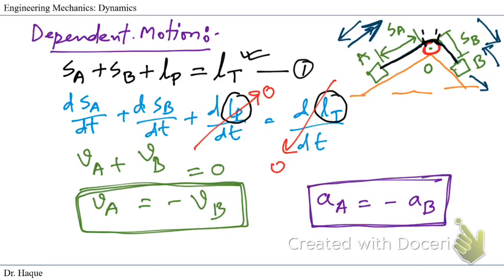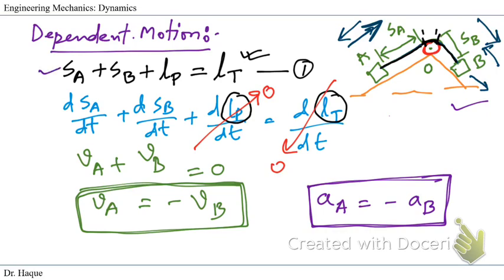We have defined the velocity relationship for the case in the picture here. Velocity is opposite, acceleration is opposite, and the total length is this.